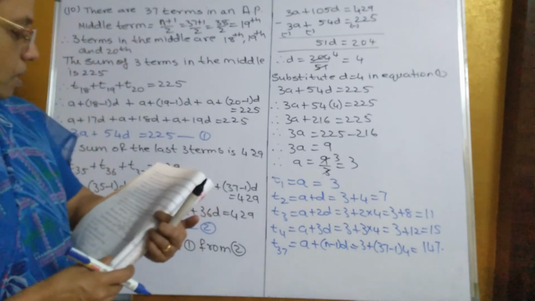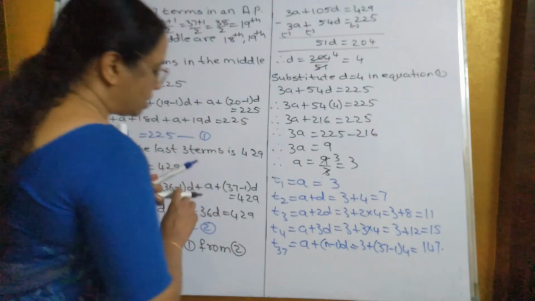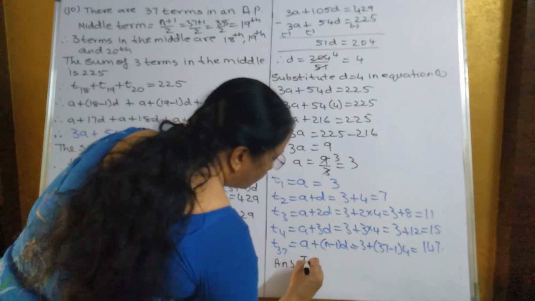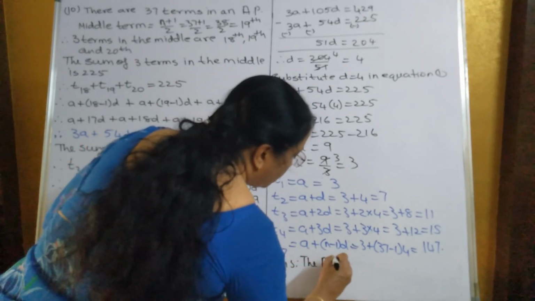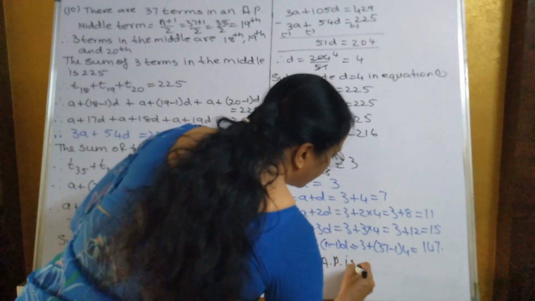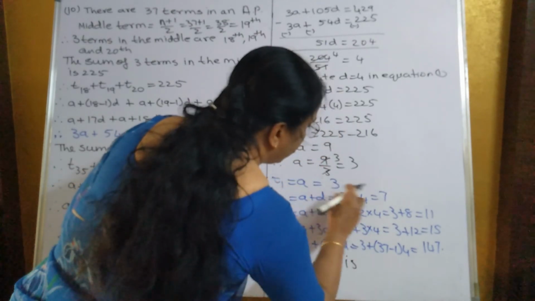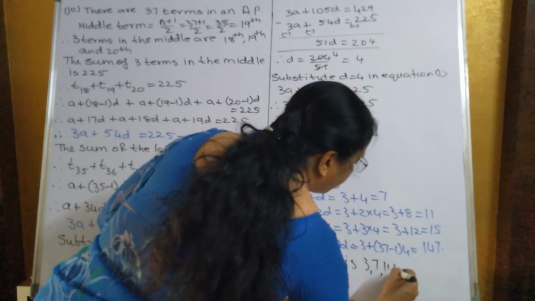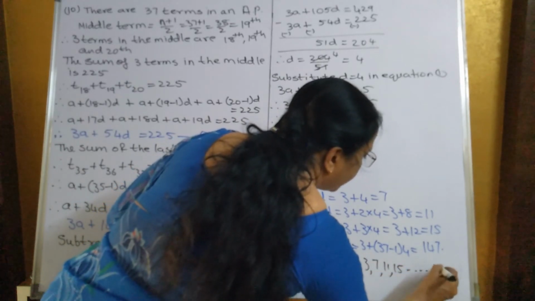So write the AP. The AP is 3, 7, 11, 15 till 147.